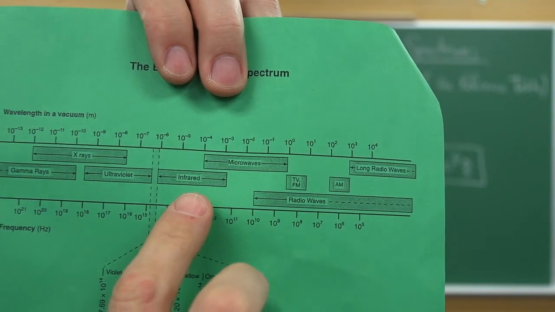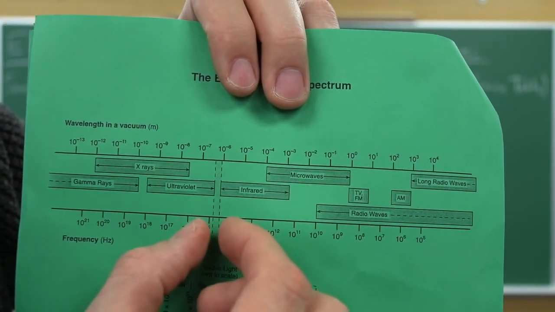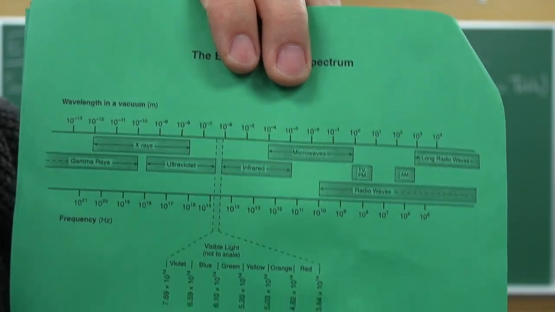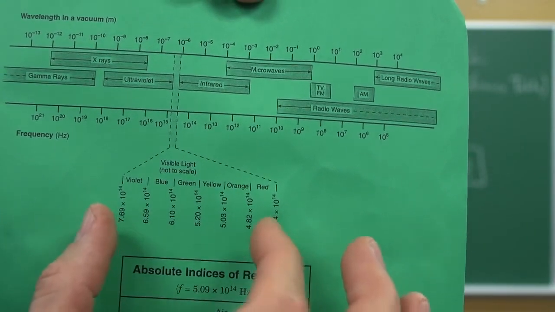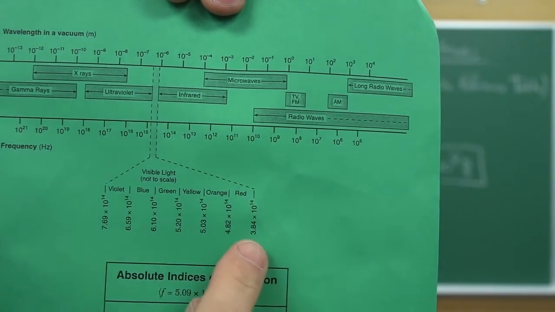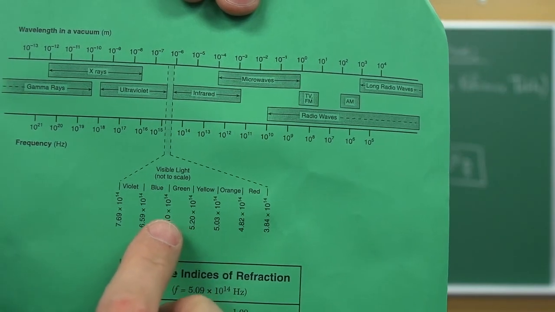You can't see infrared, microwaves, or your cell phone signals. But in this narrow range over here, your eye can respond to any frequency and perceives the different frequencies as color.